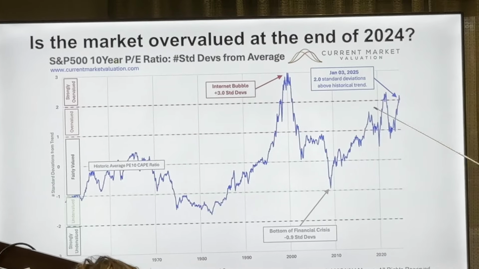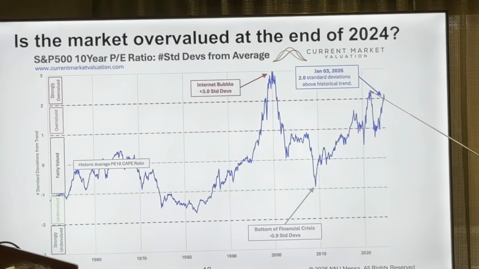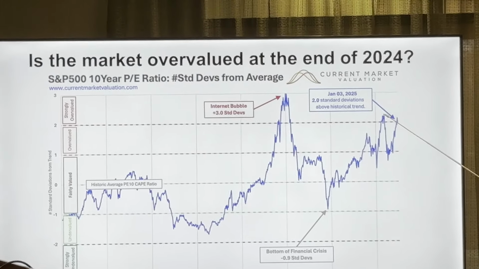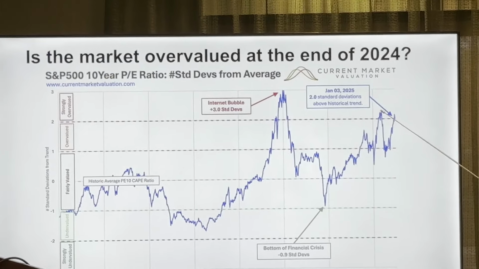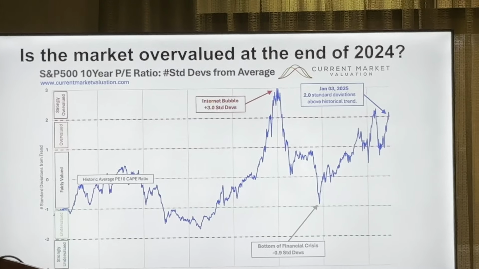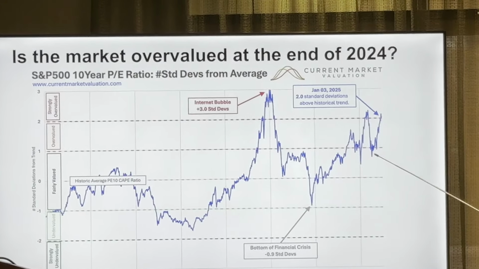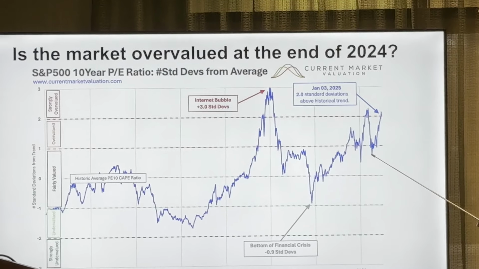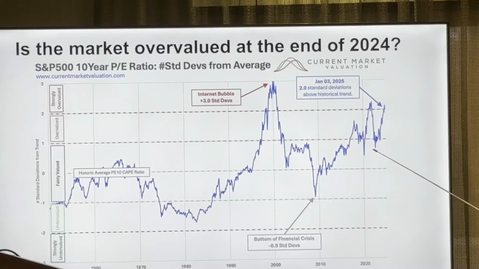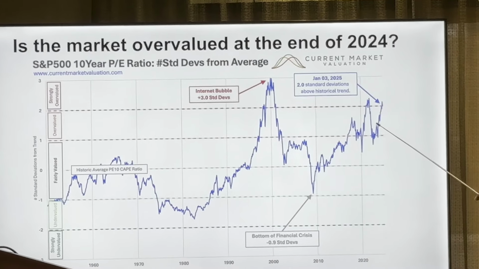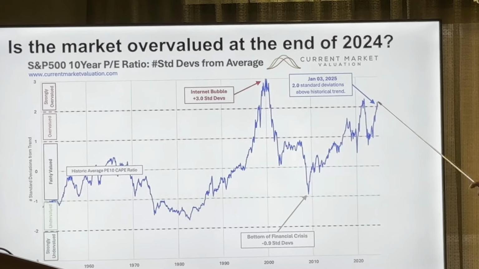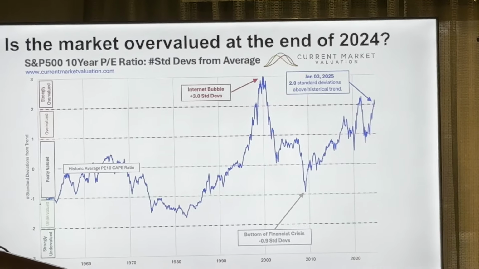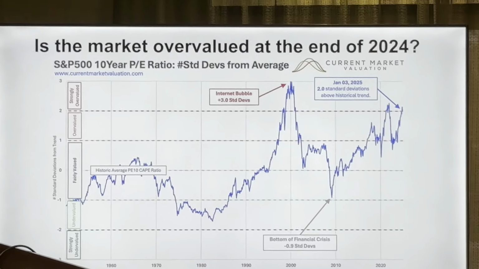The second time was what we call the COVID bubble at the end of '21. It again went over 2, went 2.2, 2.3, and then came crashing back down at the end of 2022, went back down into what we call fair value territory, and now it's doing another run up, and at the end of 2024, it's about 2 or a little over 2 standard deviations, about 2.1 standard deviations above its historic norm.